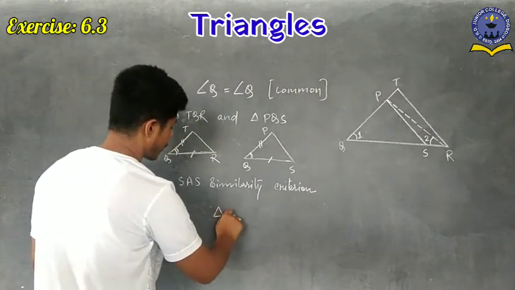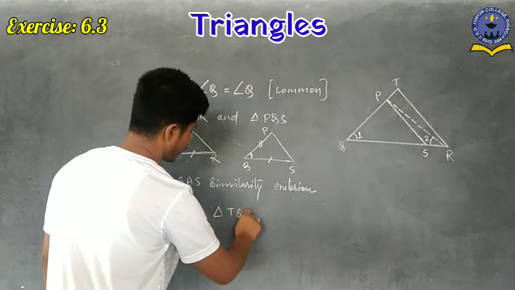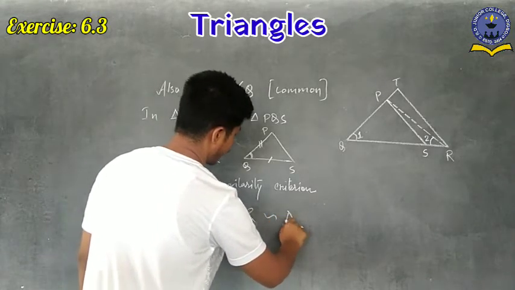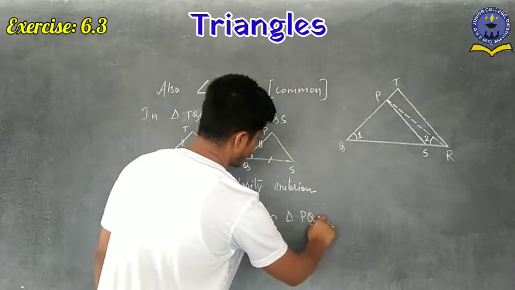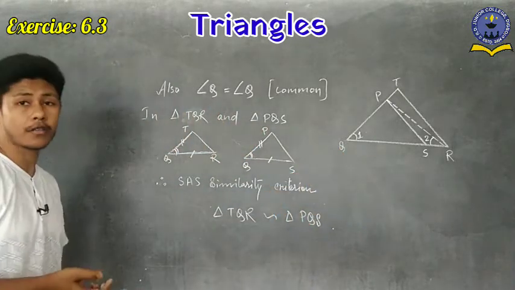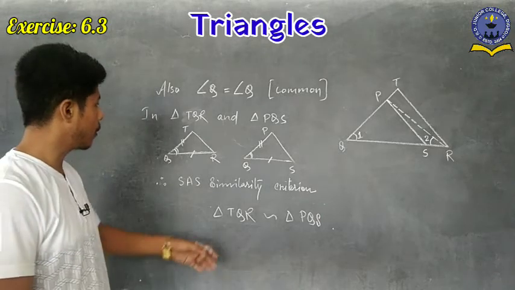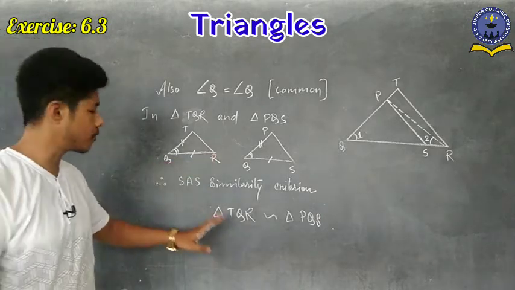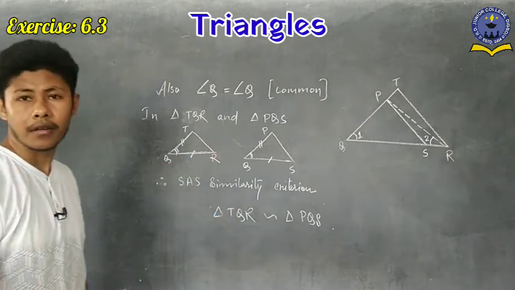So that's why we have to write here triangle TQR similar to triangle PQS. Is it clear? I think all of you understood this one. So already we wrote it, so here no need to write again. So directly we can write in this way.